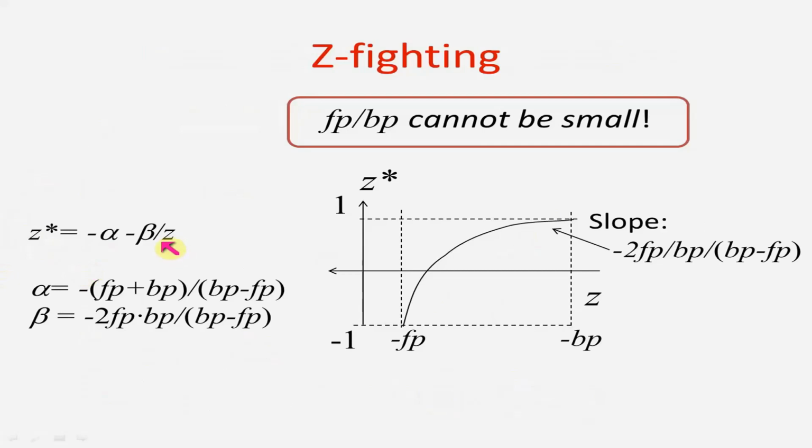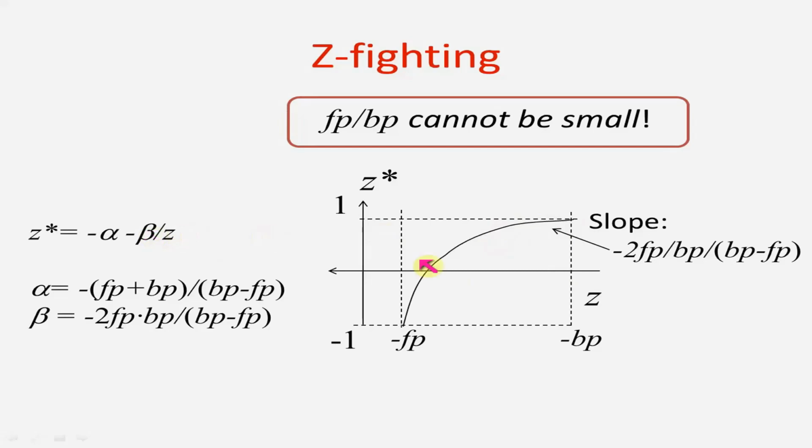This function is a 1 per x type function, a hyperbolic function. Recall that such functions change quickly where z is close to 0, but their slope is very small if z gets large. To determine visibility robustly, the difference of the z star values for 2 points must be computed. So this difference should be large enough to decide robustly on the visibility.